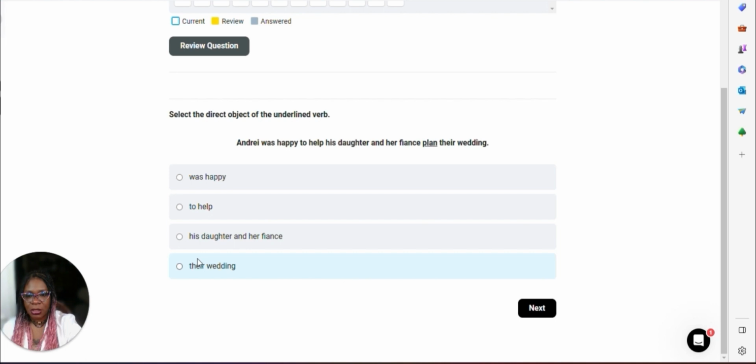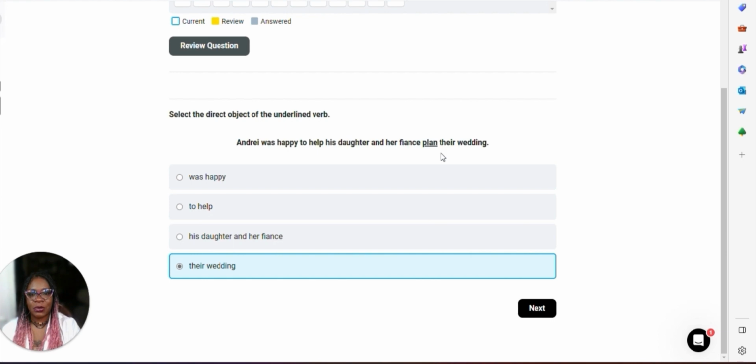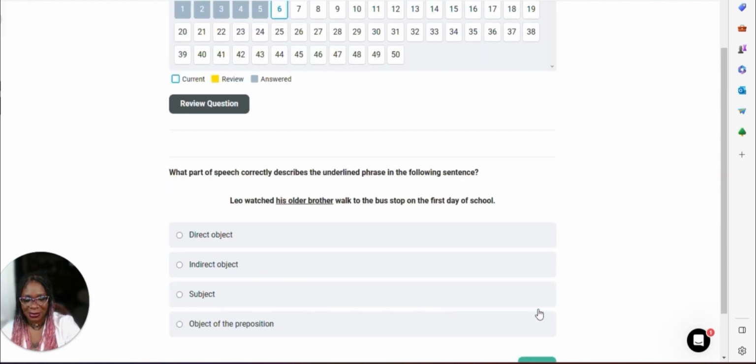The answer is going to be their wedding. Their wedding is a direct object of the verb plan. So the direct object is receiving the action. And their wedding is what is going to be being planned. So let's move on to question number 6.